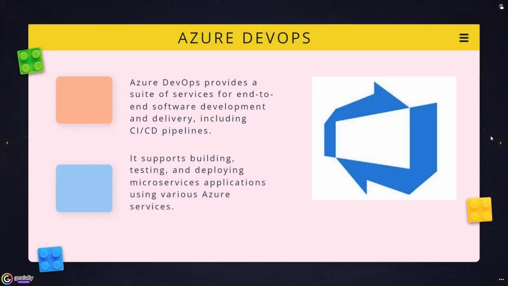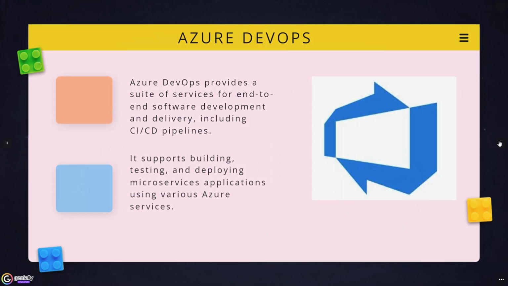Azure DevOps provides a suite of services for end-to-end software development and delivery, including CI/CD pipelines. It supports building, testing, and deploying microservices applications using various Azure services.